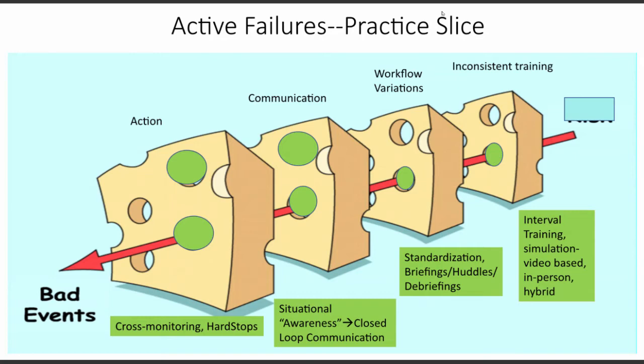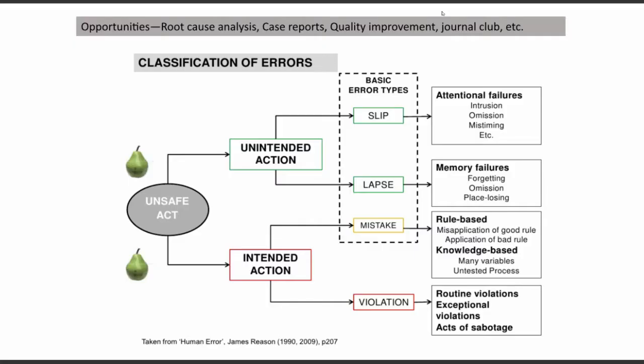So now what we're trying to do is use our TeamSTEPPS and some of our basic process improvement to work upstream, to hopefully help mitigate those bad events from happening. Now, when we're thinking about opportunities to talk about error, and to really process and understand error as if we were studying a disease or studying pathology, I think it's very helpful, especially for me as a physician, to really understand and study error rather than just have a knee-jerk response to error.